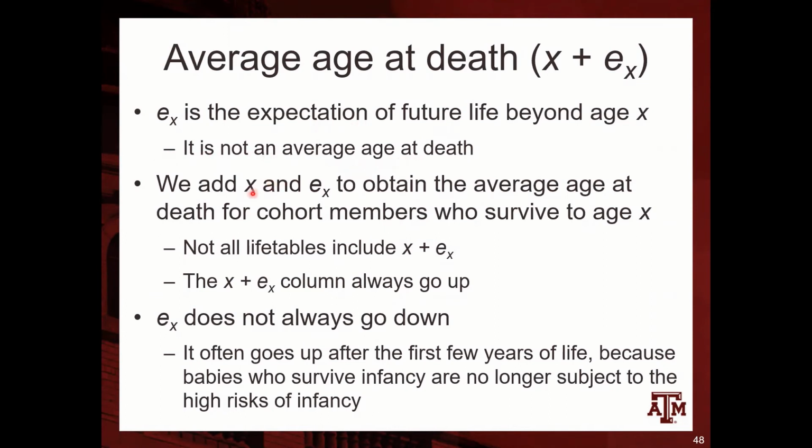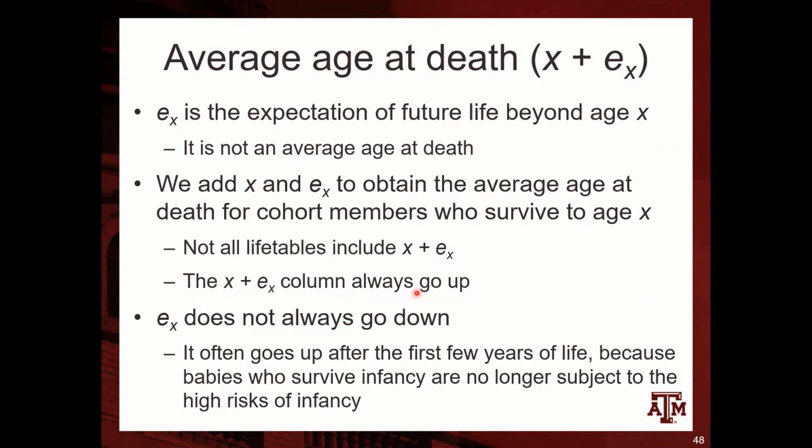We add X, which is the age at the beginning of the interval, and EX to obtain the average age at death for cohort members who survived that specific age group. Not all life tables include this last column, X plus EX. And this X plus EX column always goes up, because once we overcome the chance of dying in previous ages, we have some bonus years of life to live.